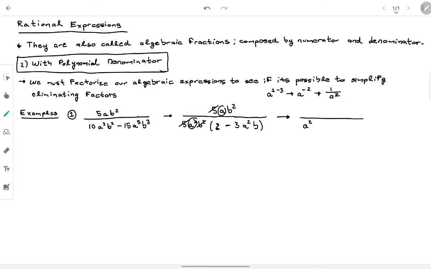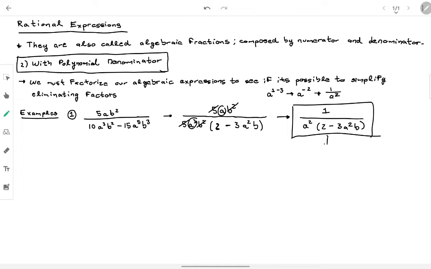In the case of the b squared, it's going to be 2 minus 2, which is 0. That means we have only a 1 on the numerator, and then 2 minus 3a squared b on the denominator. So this one can be an answer of this exercise.